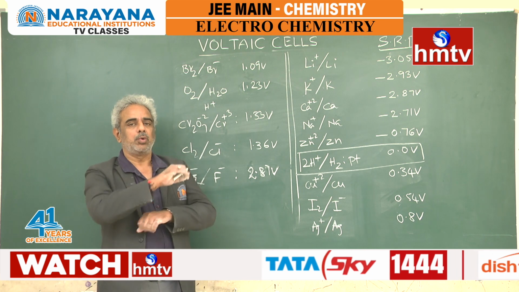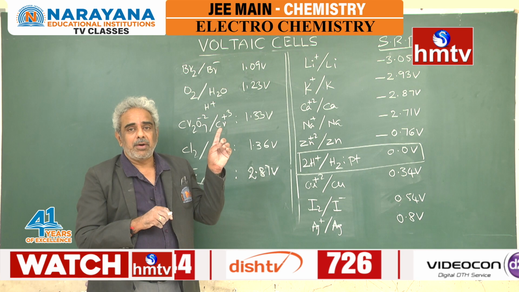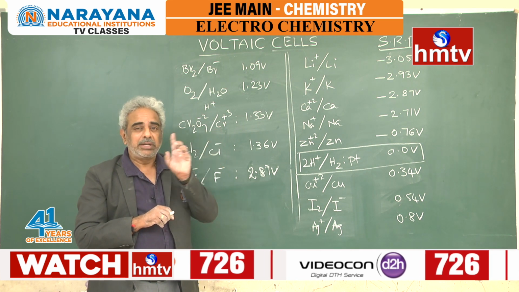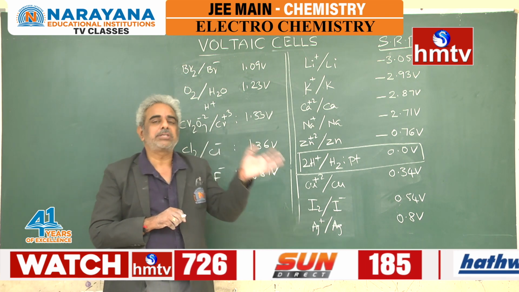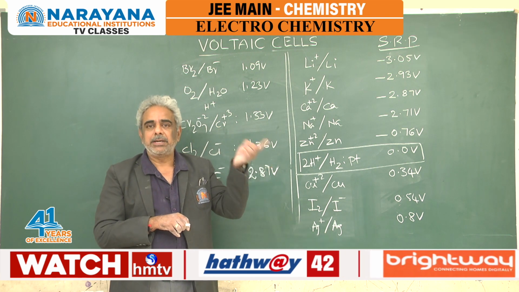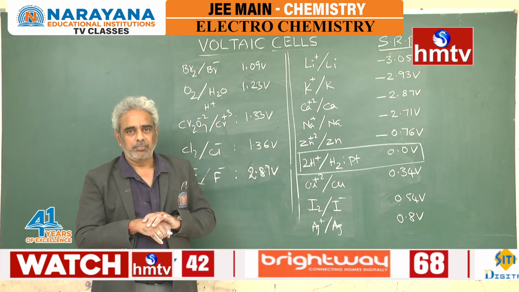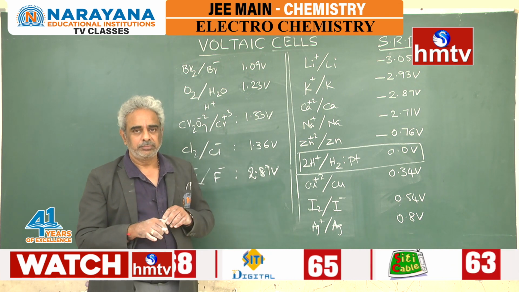So, what can we conclude? We can conclude that they show a tendency to shift their equilibrium towards oxidation when connected with the standard hydrogen electrode, because their reduction potential is negative.